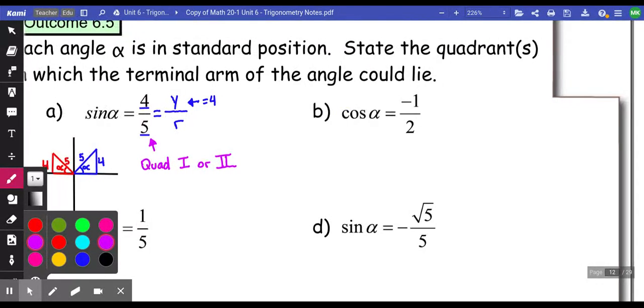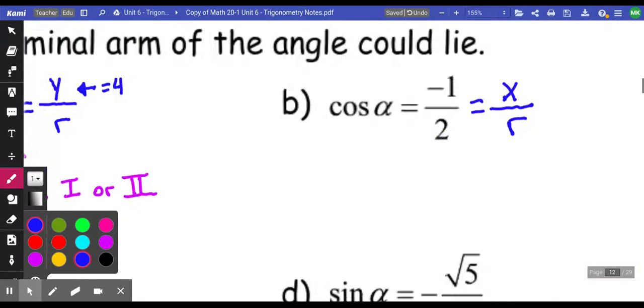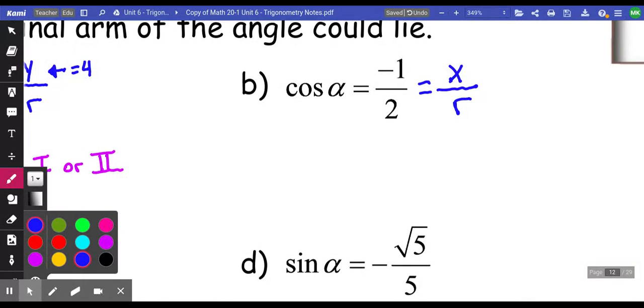So when I look at this right here, this is the cos ratio. We know from yesterday's lesson that the cos ratio is the adjacent over the hypotenuse, which is our x over our r. So when they gave us a cos ratio, they gave us an x value of -1 and an r value of 2. If we wanted to sketch that, let's try sketching it.